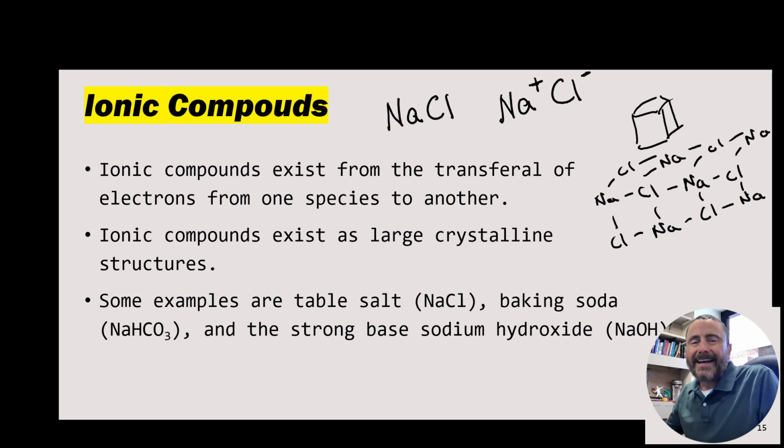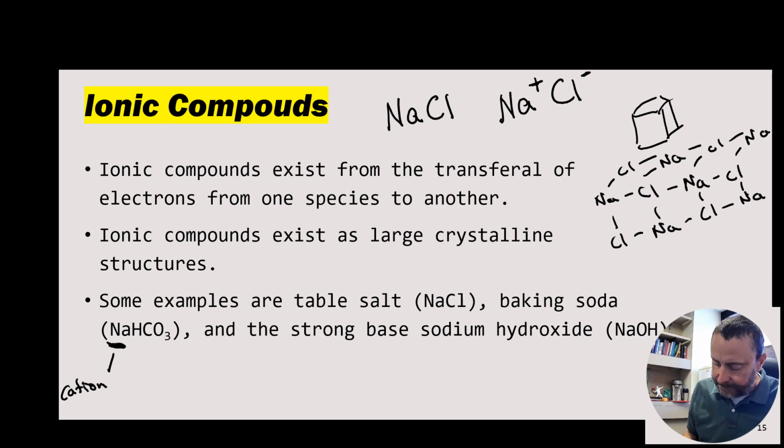Now, a lot of times an ionic compound can be just a metal and a non-metal, but it doesn't have to be. It can be something like NaHCO3, which is a cation with an anion.